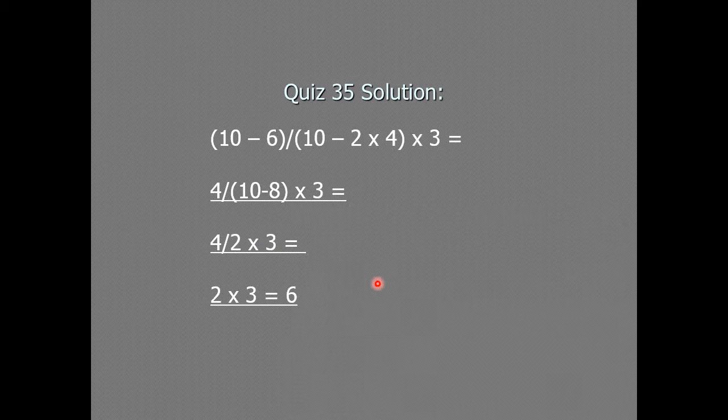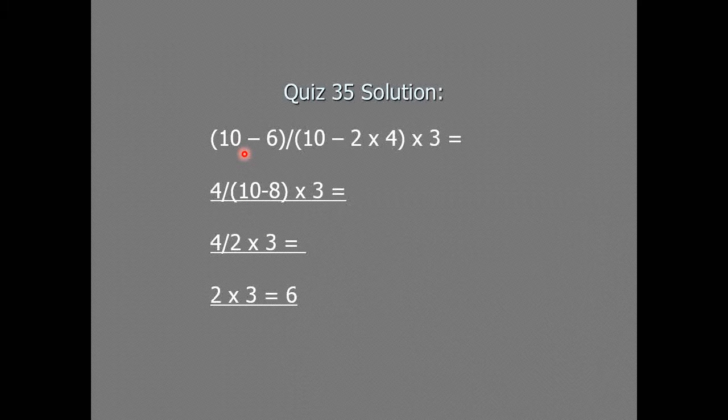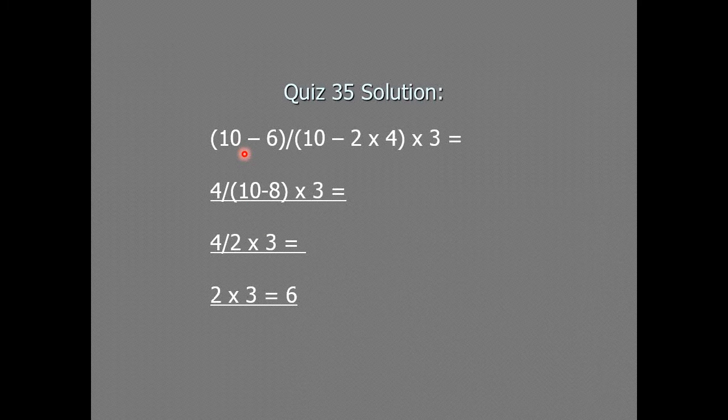Now you might have wondered why some of the subtractions were done earlier. Because those are inside the parentheses. For example, this one, we did it because it was inside the parentheses. Remember, we said take care of the parentheses first. And inside the parentheses, we only had one subtraction. So the right answer is 6 here. Any questions?